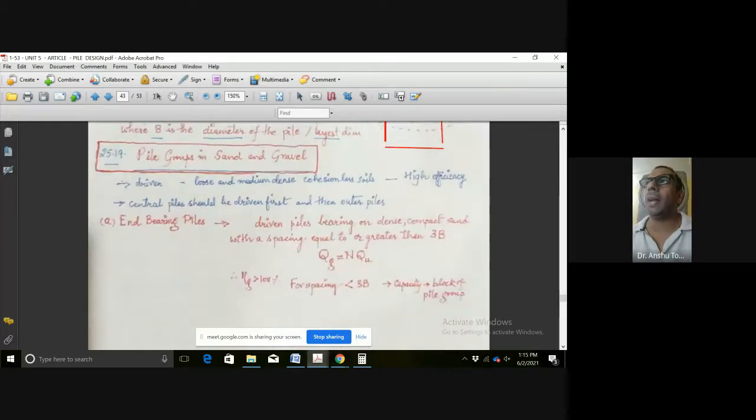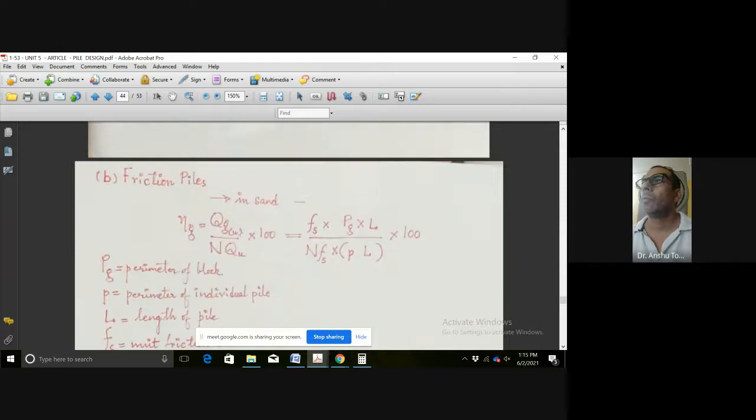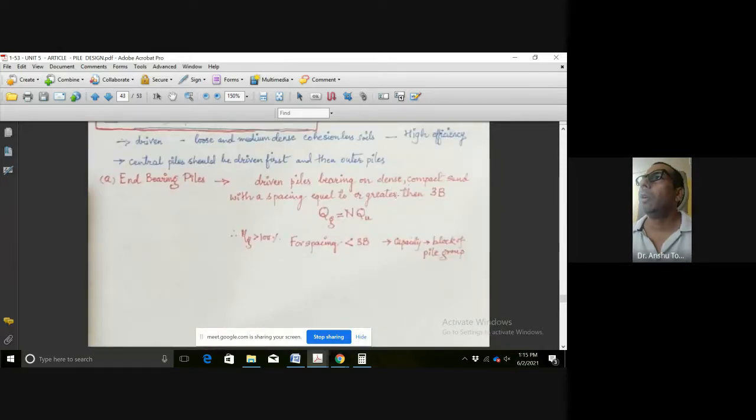Pile groups in sand and gravel, driven, loose and medium dense cohesionless soils. So in case we are having end bearing piles on dense compact sand with a spacing equal to or greater than 3B, the optimum spacing documented, then Q group is equal to NQU. तो इंडिविजुअल से जो आप निकालोगे उसको n नंबर ऑफ पाइल से मल्टीप्लाई करोगे तो it will be very close.